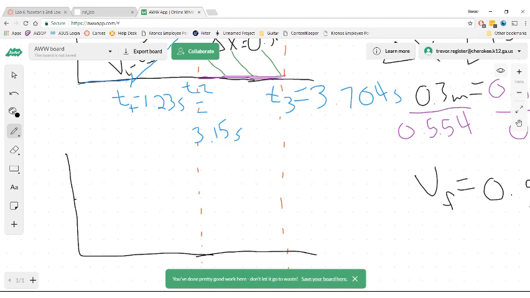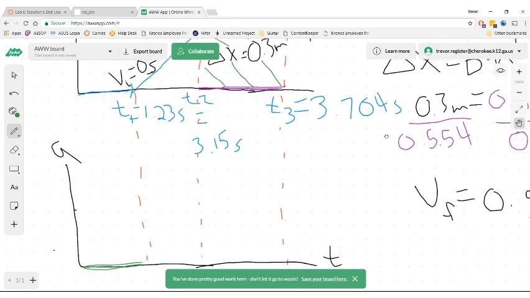So there's acceleration, clock reading. And so during the first part of the motion, the cart was not moving at all, so the acceleration here was 0.